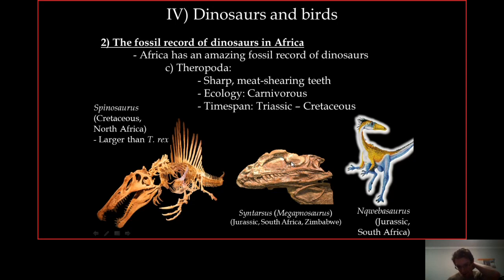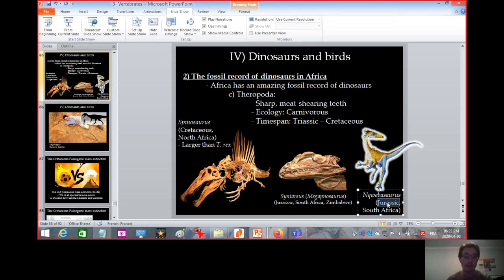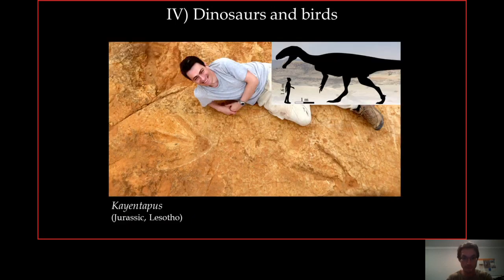So Syntarsus from South Africa and Zimbabwe is a theropod, and Anquibasaurus from near Port Elizabeth, from the Cretaceous actually. That's a mistake on my side, and I must correct it right now. Cretaceous near Port Elizabeth is also a theropod.